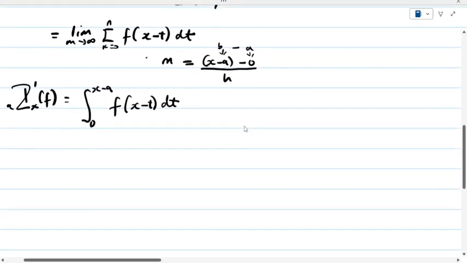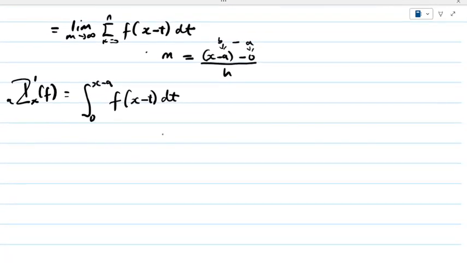Alright, so let's implement the substitution method by saying let u equal x minus t. That means du over dt will be minus 1. Then we can have dt equals minus du.